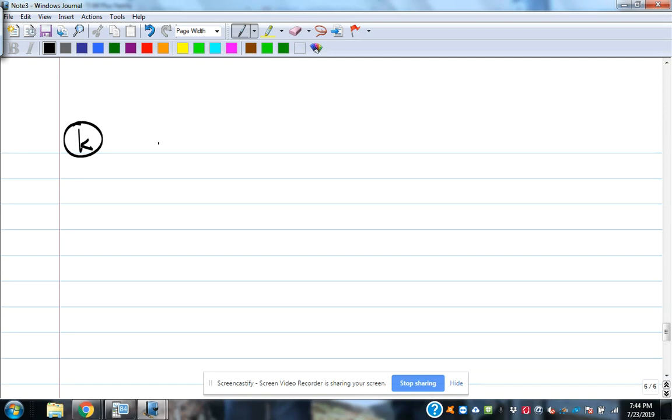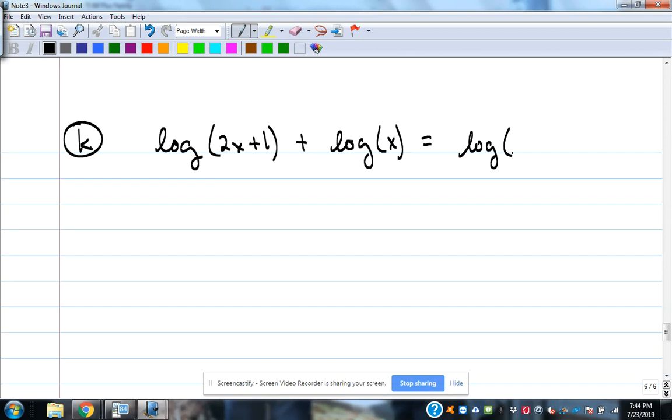Let's look at one that has log of 2x plus 1 plus log of x is equal to log of x plus 8.